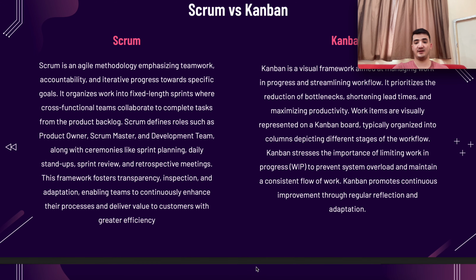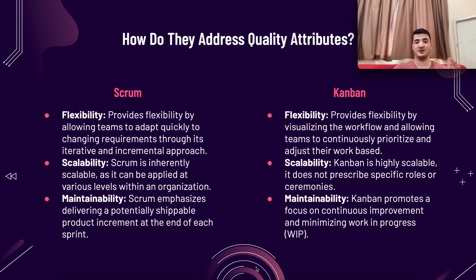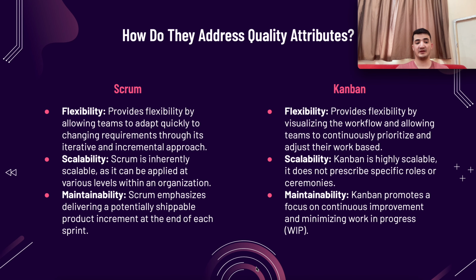So let's look at some of the differences between these two and how they address quality attributes. We're going to look at three key quality attributes, that being flexibility, scalability, and maintainability, which are very important for most all projects. In Scrum, it provides flexibility by allowing the team to adapt quickly to changing requirements through its iterative and incremental approach. So at each step, you can make adaptations, make changes.